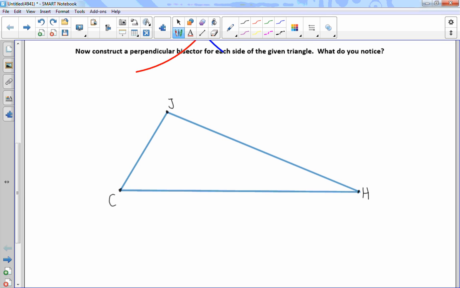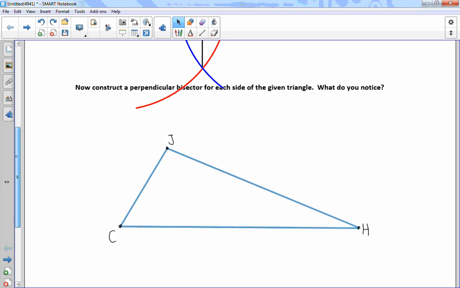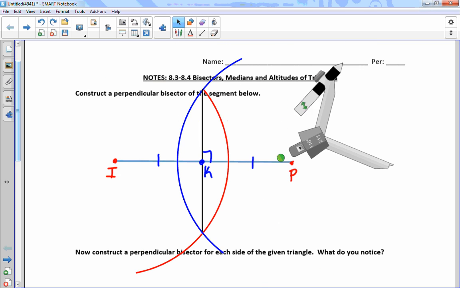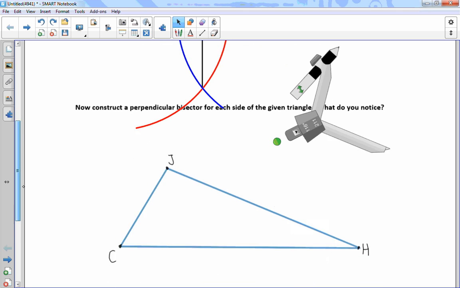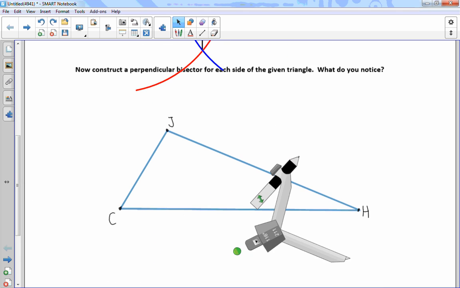Label C, J, H. You need your name. Label C, J, H. Let's start with finding the perpendicular bisector of CH. Now, precision is very important, so make sure you're being very careful with your constructions, or what we need to happen won't happen.